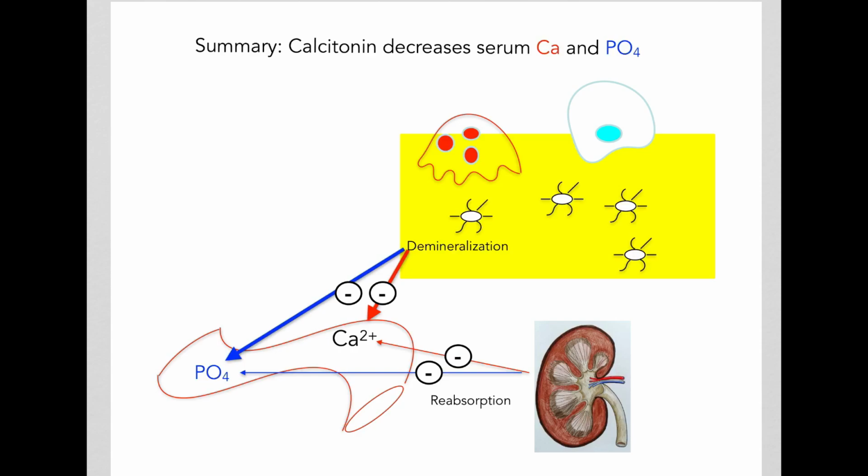In summary, through inhibition of demineralization as well as inhibition of reabsorption, calcitonin is going to decrease the concentration of serum calcium as well as serum phosphate.